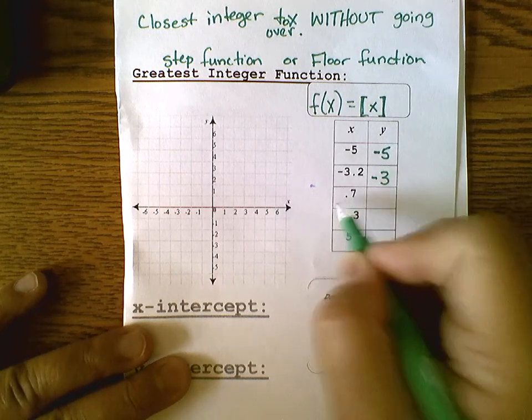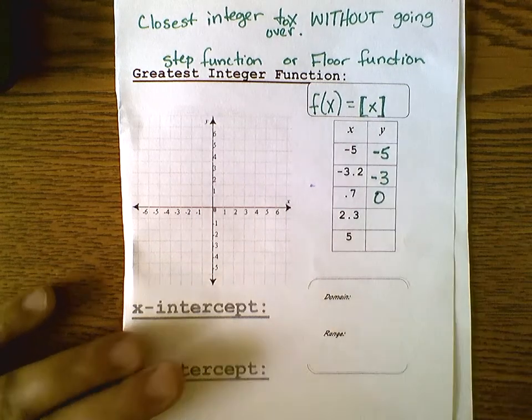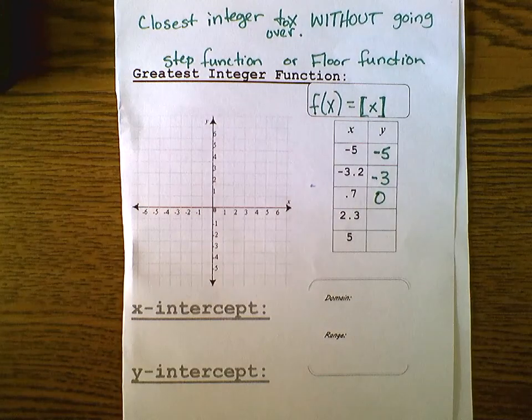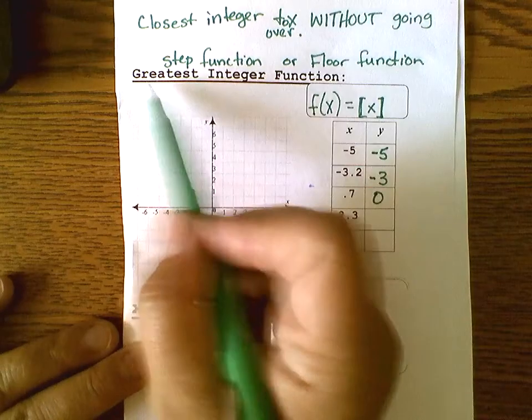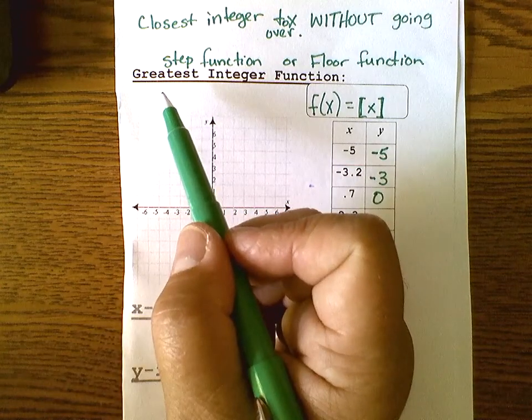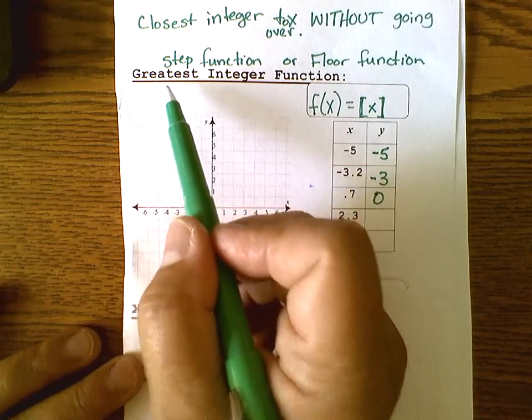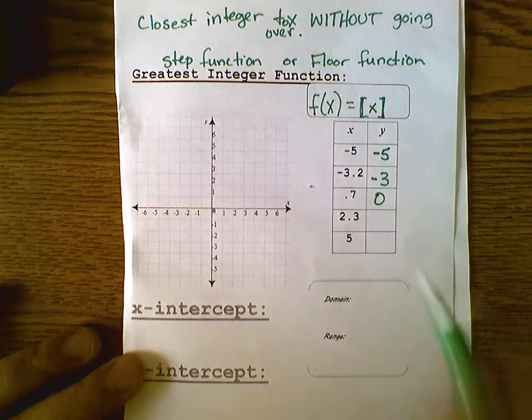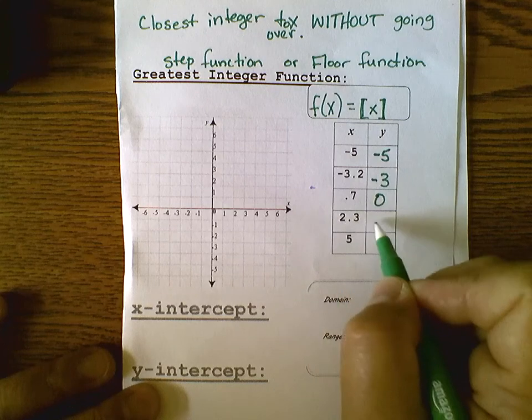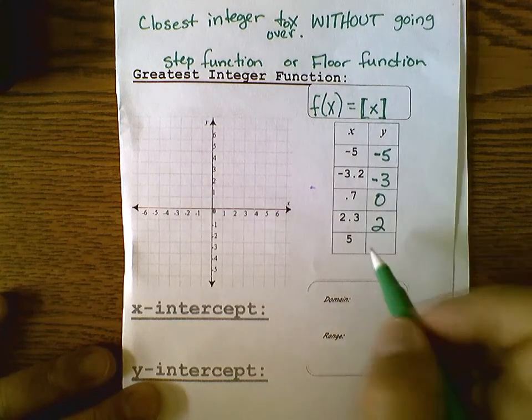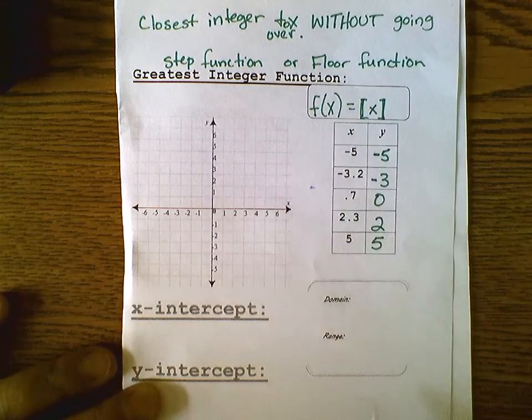So you have to go down to the integer below it, which is 0. So this greatest integer always causes me concerns, because it doesn't seem like we're going to the greatest. We're going smaller. 2.3, the greatest integer without going over is 2, and then 5 here.